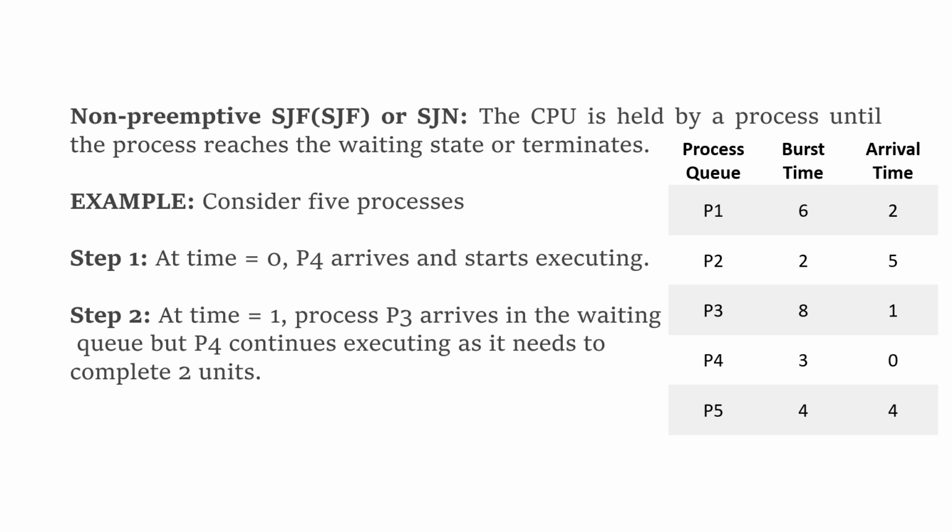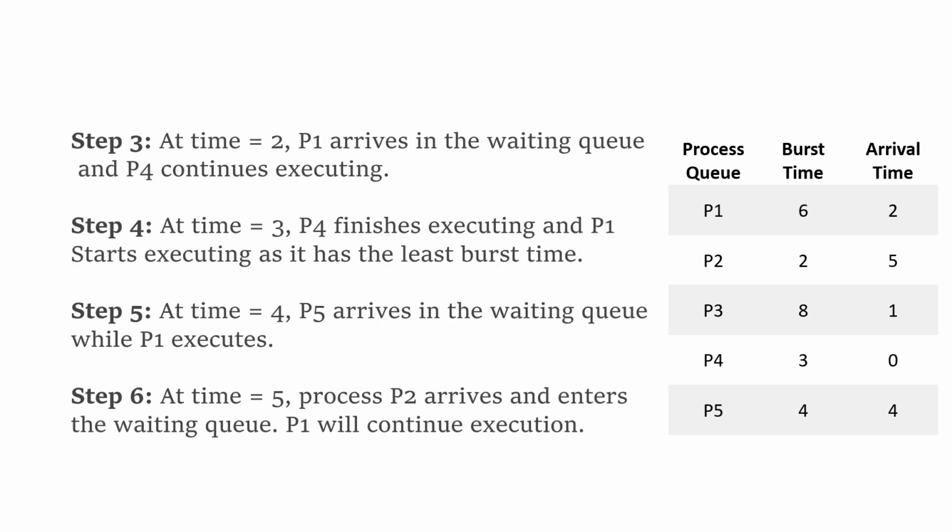Then at time 1, we can see from the table process P3 arrives in the waiting queue, but P4 continues executing as it needs to complete 2 more units. At time 2, P1 arrives in the waiting queue, but P4 continues executing since it is a non-preemptive approach.